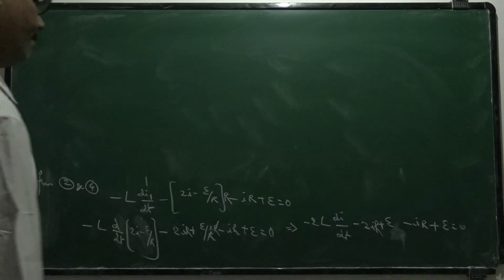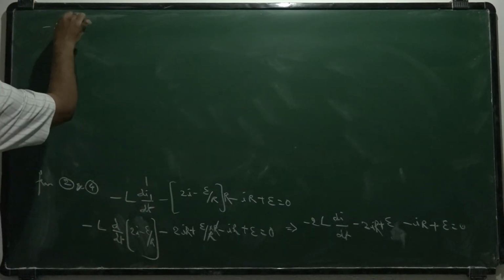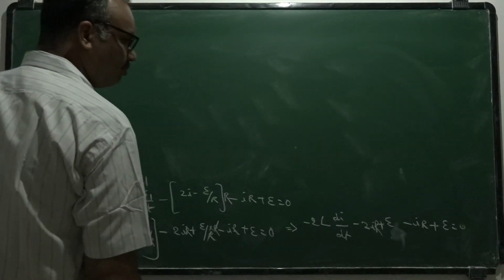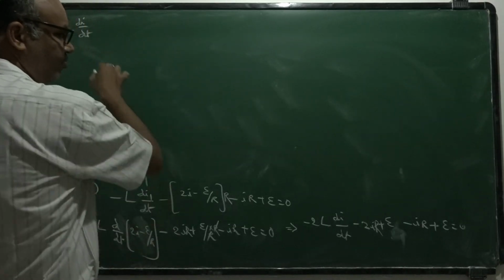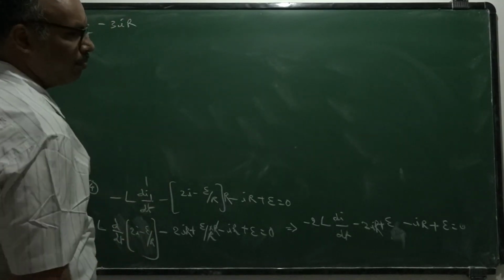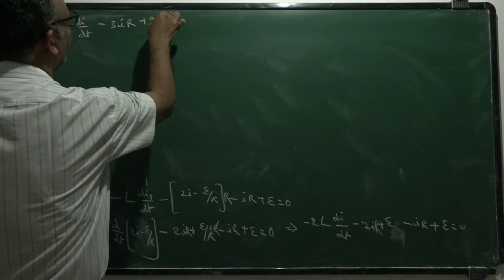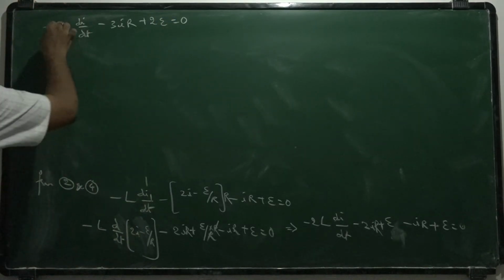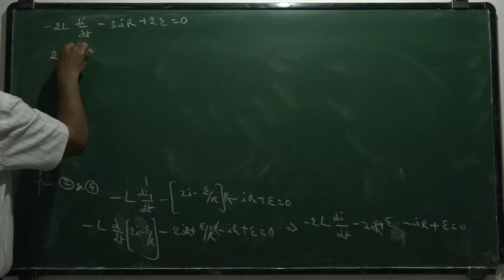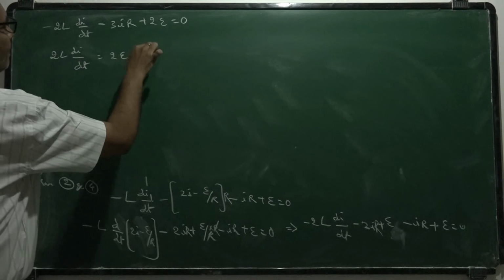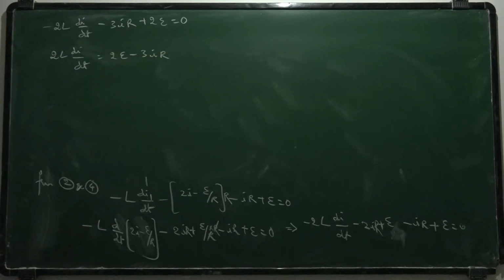So finally minus 2L di by dt minus 3IR plus 2E equal to 0. You can take it that side. 2L into di by dt is equal to 2E minus 3IR.